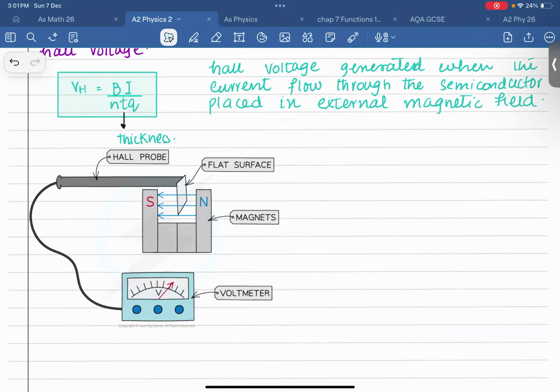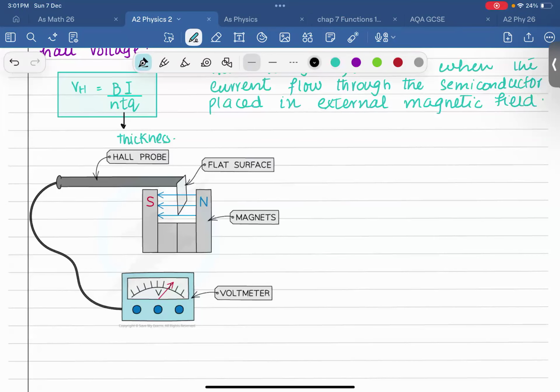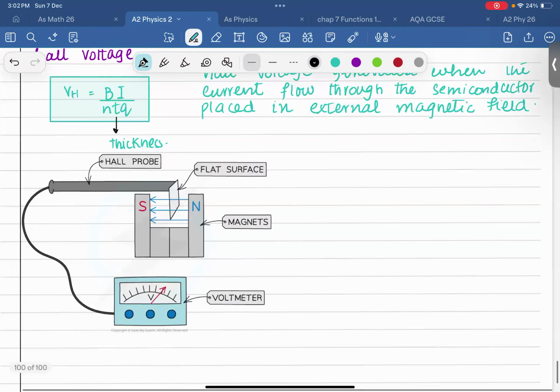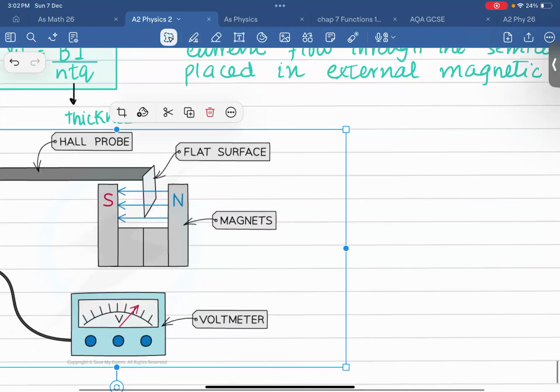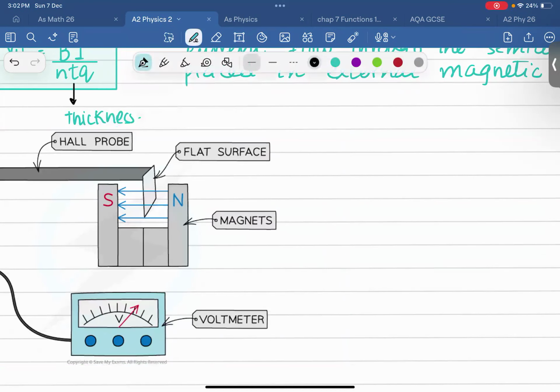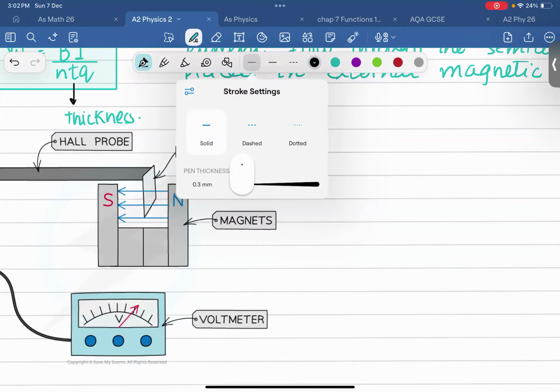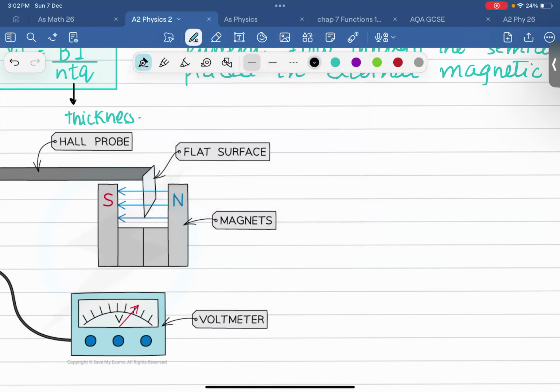This is the flat surface which I am calling a semiconductor. Flat surface of semiconductor.